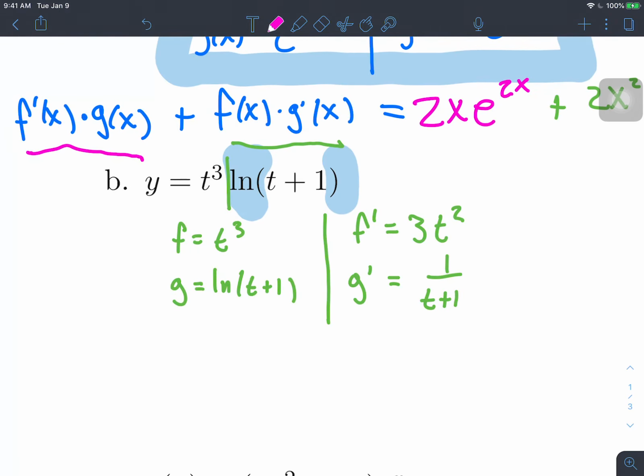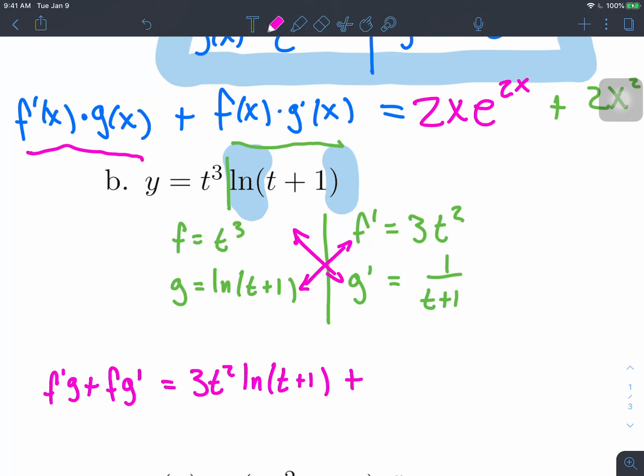All right, so what I'm going to do is multiply crisscross style and then add. So first comes f prime g, and then I'm going to add f g prime. That's how I'm going to do it. So it's going to be equal to 3t squared times regular g.